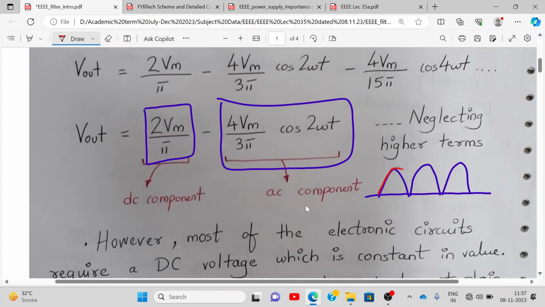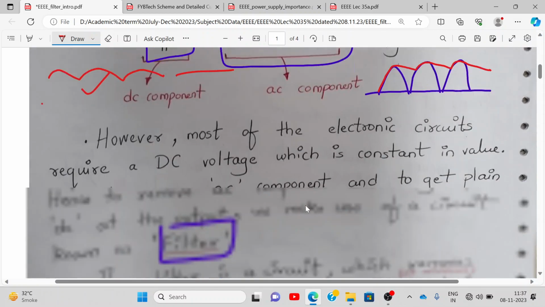It will discharge like this, so the waveform will look like this. So this is what the filter circuit will do. It will smoothen out your pulsating DC signal so it is closer to DC. Now which is closer to DC, this one or this one? Definitely this one, right? So that's why we study filter circuits.